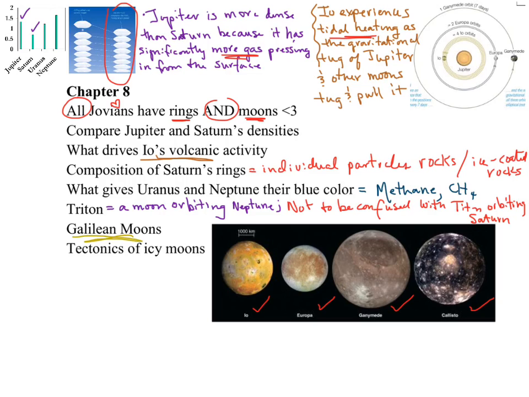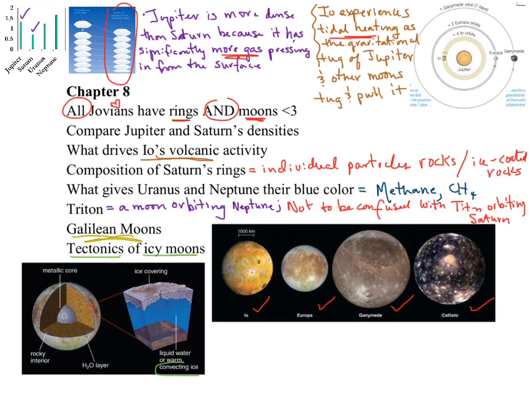And then related to icy Galilean moons like Europa and maybe Ganymede, and I don't think Callisto, we scientists know that there's actually tectonic activity on those icy moons. This is showing you how the icy moons would have tectonic activity, plate tectonics. It has to do with the fact that underneath their icy crust, there's actually liquid water, not liquid mantle, liquid water.